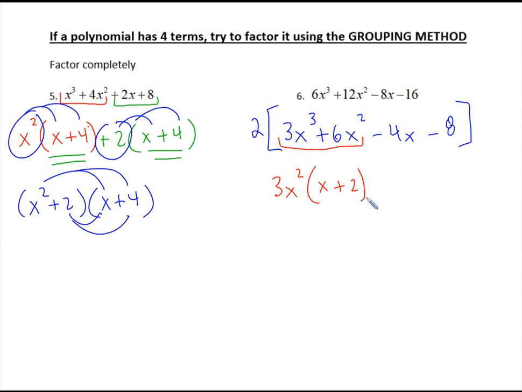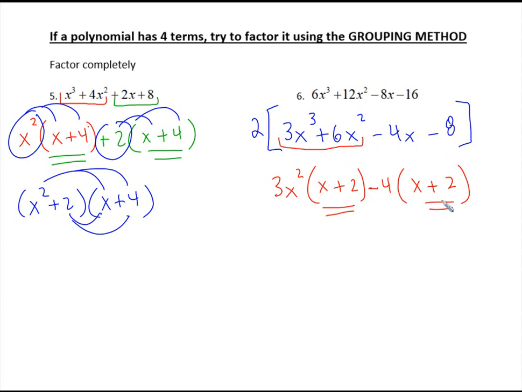Over here, I can take out a GCF. Looks like I can take out a negative 4. I want to take out a negative because I need the x to be positive. So then I'll get a positive x, then a positive 2. And like I said before, these binomials should be the same if you're doing it correctly and if you can factor the problem.